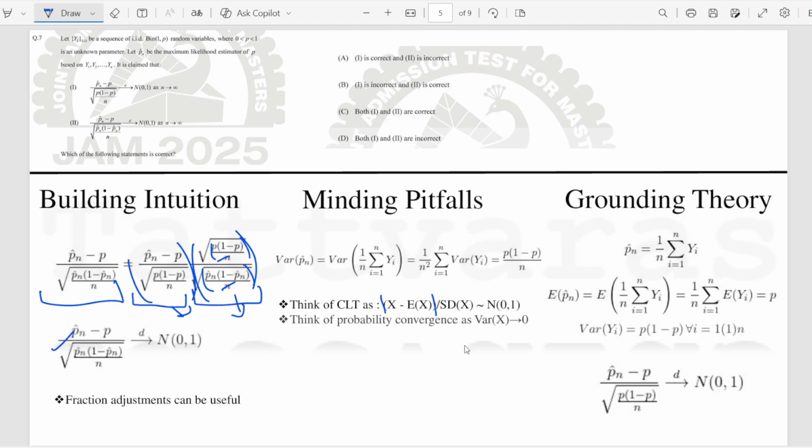But when we talk about probability convergence, we are just talking about the statistic or random variable itself, which is going to a fixed constant scalar, because its variance is going to 0. So it's like the complete variability is reducing, and there is nothing random anymore, and it just goes to a constant.